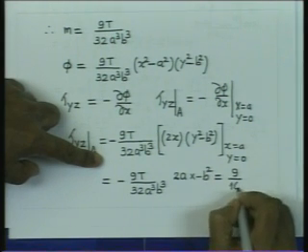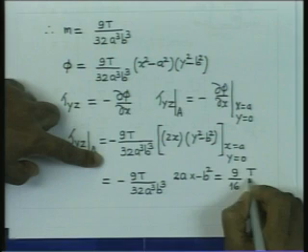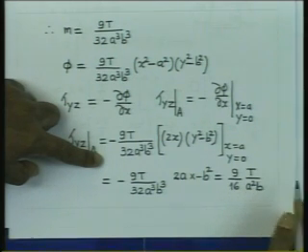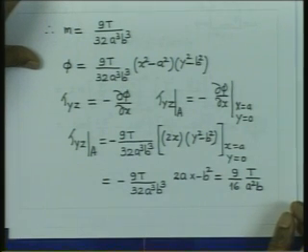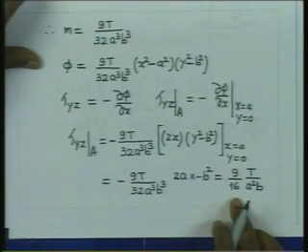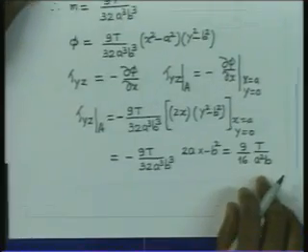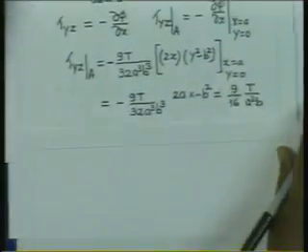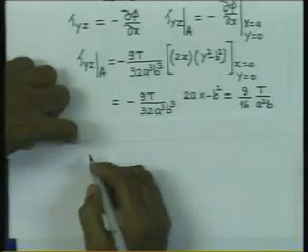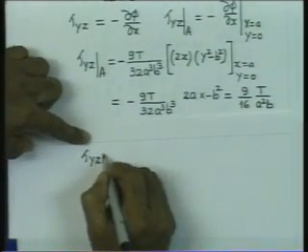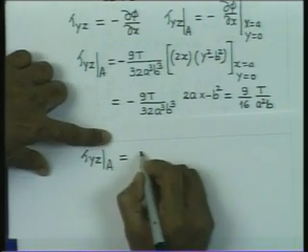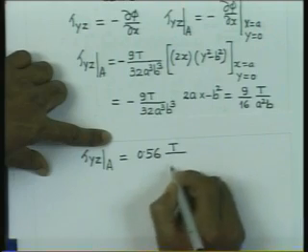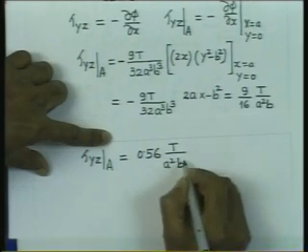So, what we get is 9 by 16 T by a square b. So, the stress at the end of the x axis is 9 by 16 T by a square b, and this is approximately equal to 0.56 T by a square b.